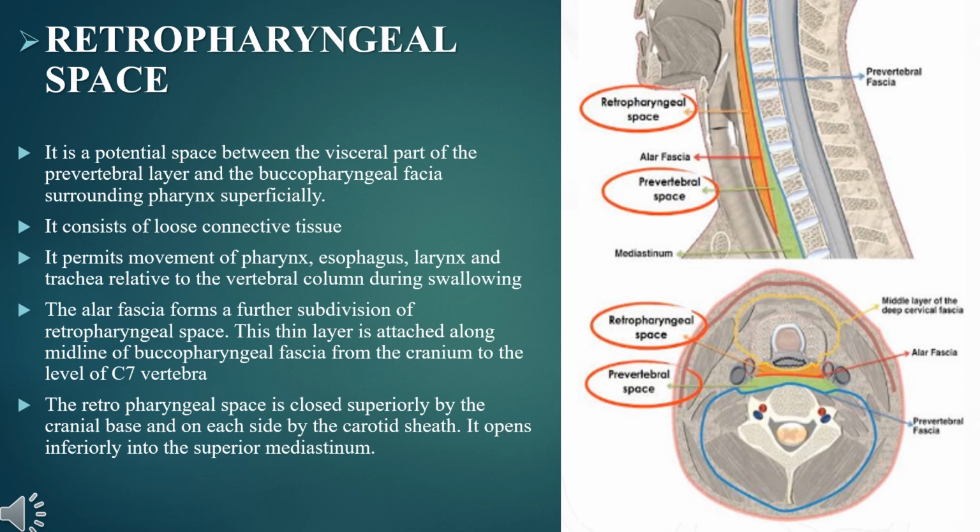The retropharyngeal space consists of loose connective tissue and permits movements of the pharynx, esophagus, larynx, and trachea relative to the vertebral column during swallowing. The alar fascia forms a further subdivision of retropharyngeal space. This thin layer is attached along midline of buccopharyngeal fascia from the cranium to the level of C7 vertebra.